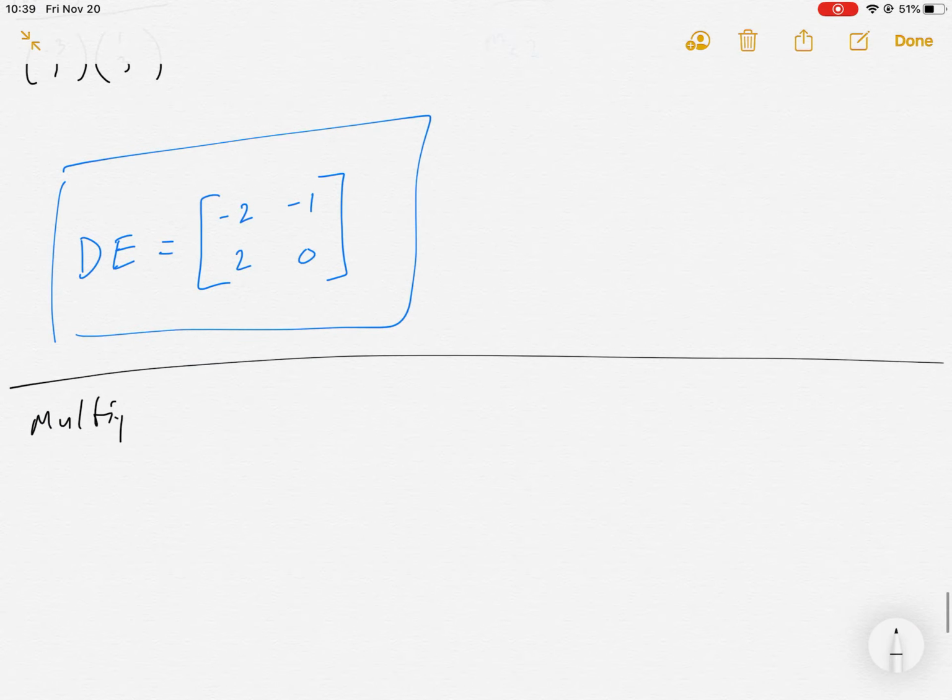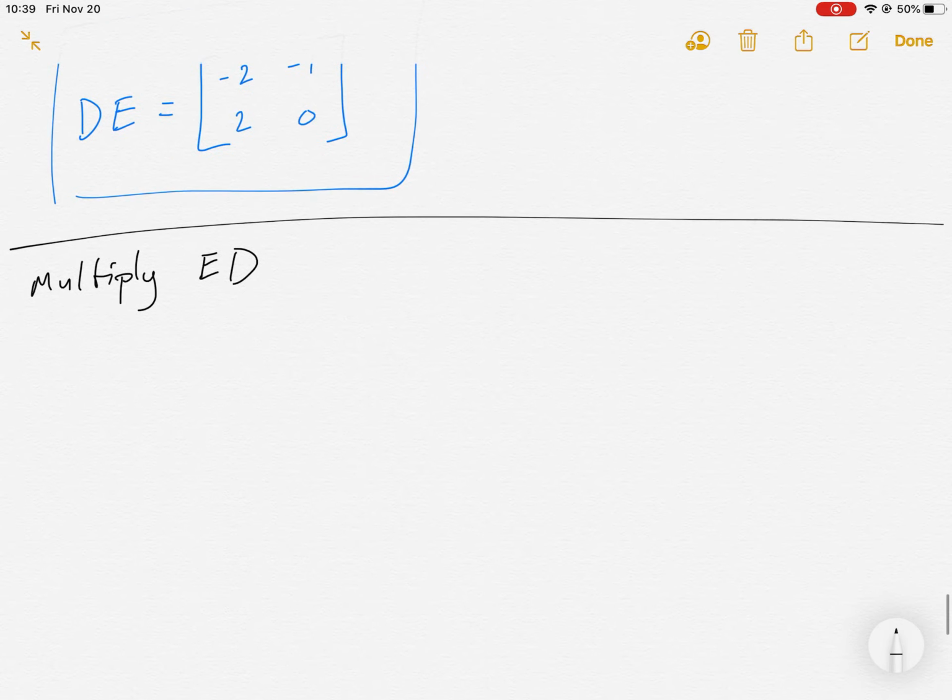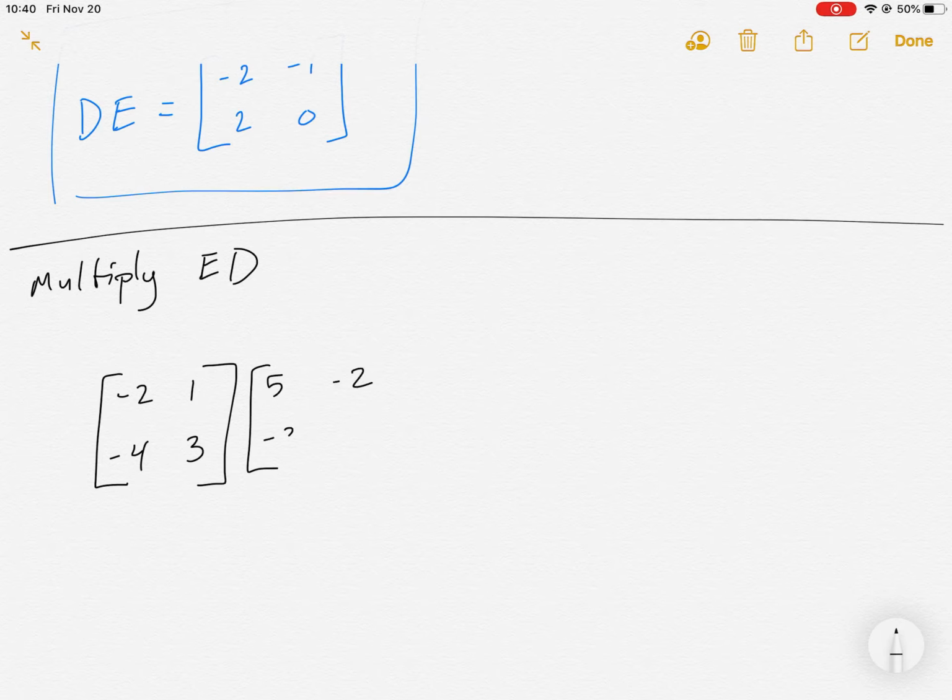Let's go back the other way now, and let's say we're going to multiply E times D. So that means I'm taking my matrix E, negative 2, 1, and then negative 4, 3, times my matrix D, which is 5, negative 2, negative 3, 1.